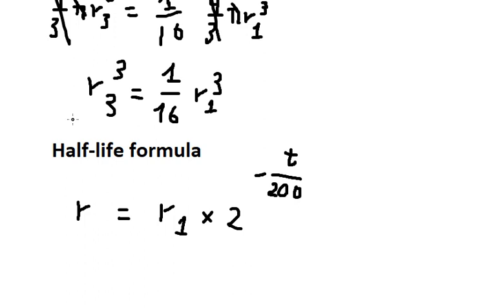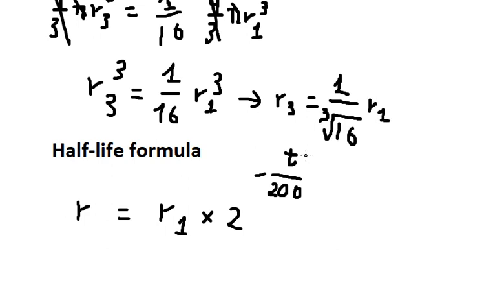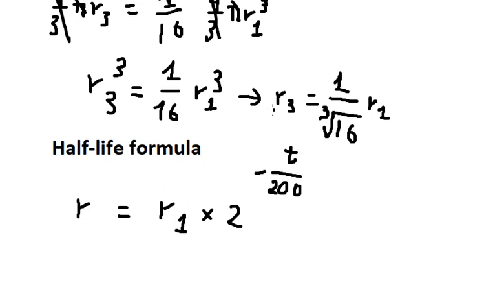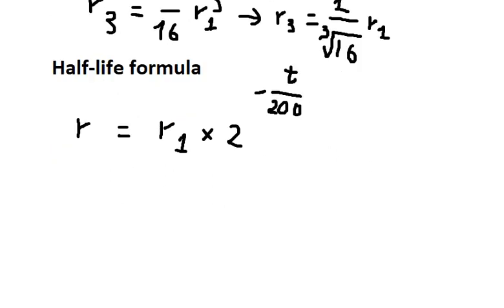Now we put the cubic root on both sides. So we have r number 3 equals number 1 over the cubic root of 16, and we have r number 1 in here. So r number 3, we put this equation in here, so that should be like this.